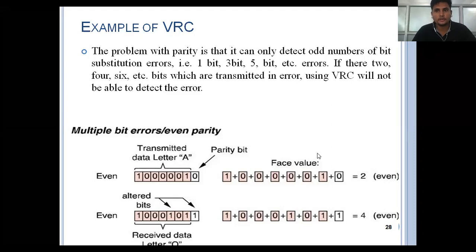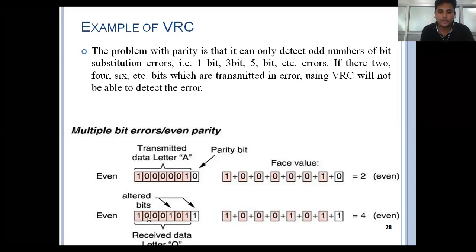This is the data we transmit from the sender to the receiver side. Actually it is even parity, since the number of ones is already 2. So the parity generator generates 0 for this data, and 0 is added to the original data. Now it is even parity.